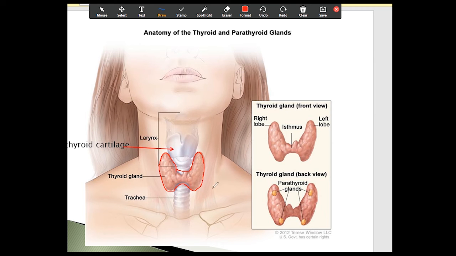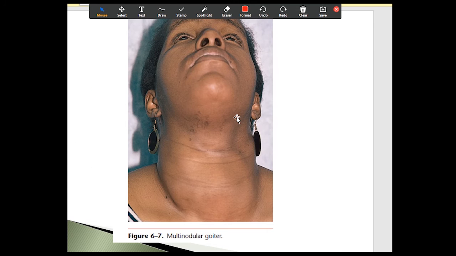Usually it is pretty soft, and it is a little hard to separate the soft tissue of the neck from the thyroid gland. But if the patient has an illness of the thyroid gland, we can see it and palpate it. So that's truly pretty big here. That's an abnormal condition.